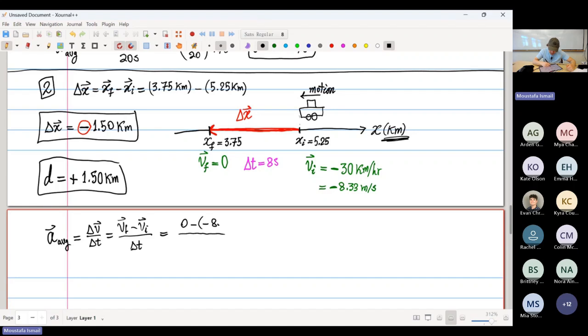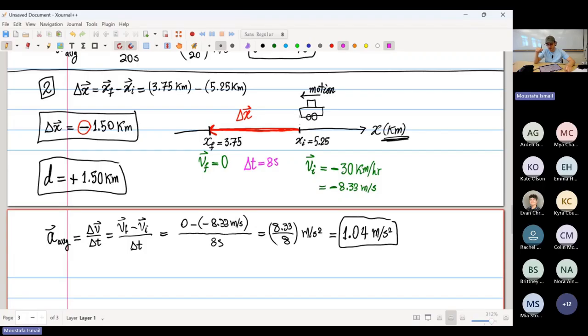So negative negative 8.33 meters per second divided by the elapsed time, which is 8 seconds. This is a positive number because you have 0 minus minus, that's a plus, 8.33. So that's 8.33 divided by 8 meters per second squared, which gives you 1.04 meters per second squared. A positive number.